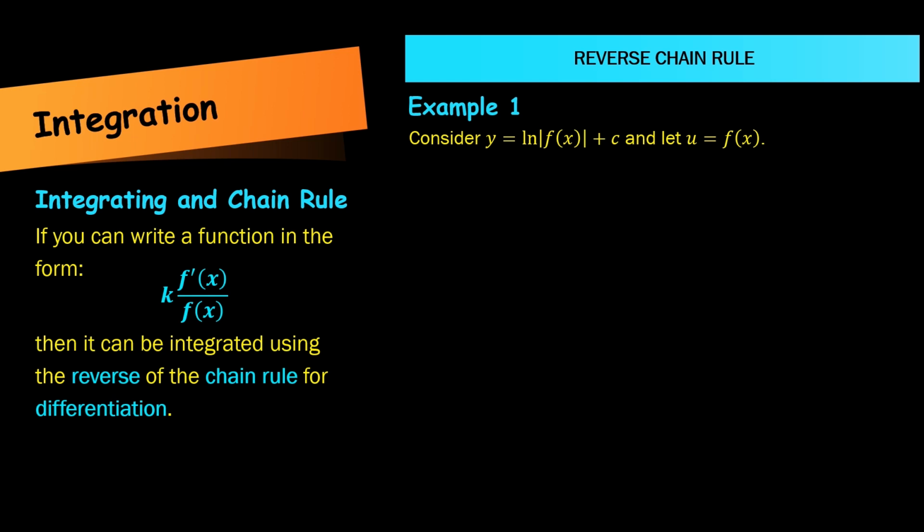Consider y equals ln mod f of x plus c, and let u equal f of x. So y equals ln mod u plus c. And this implies that dy du equals 1 over u.